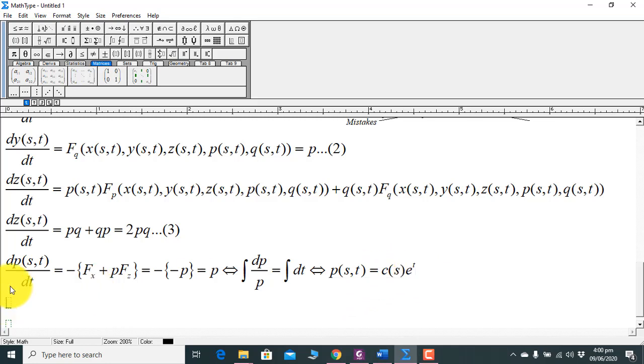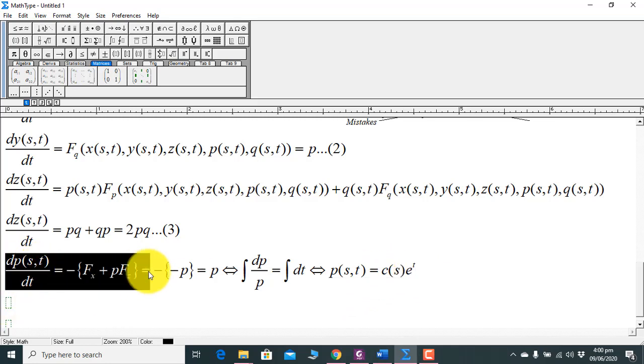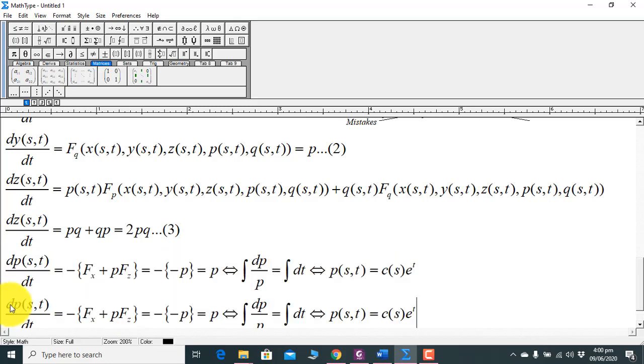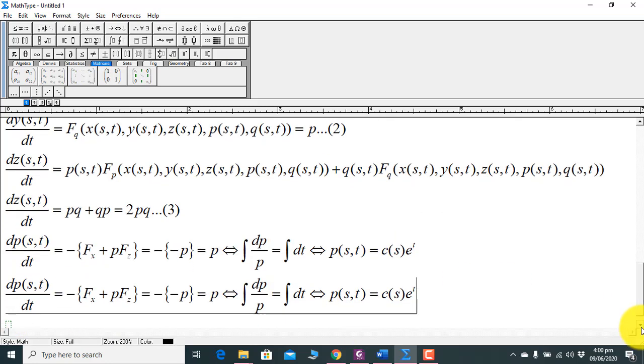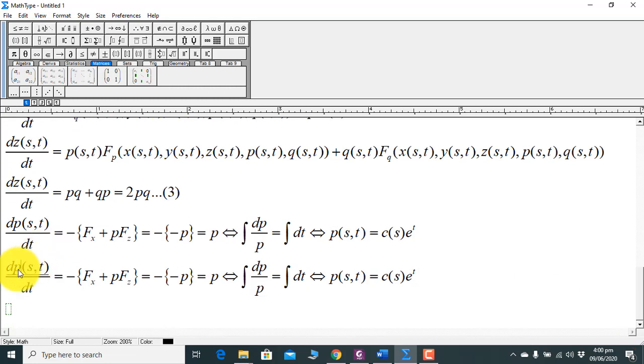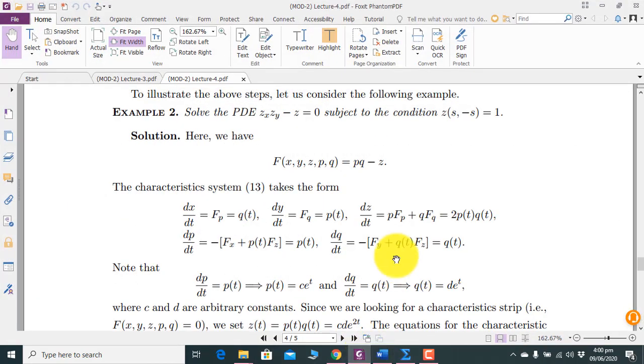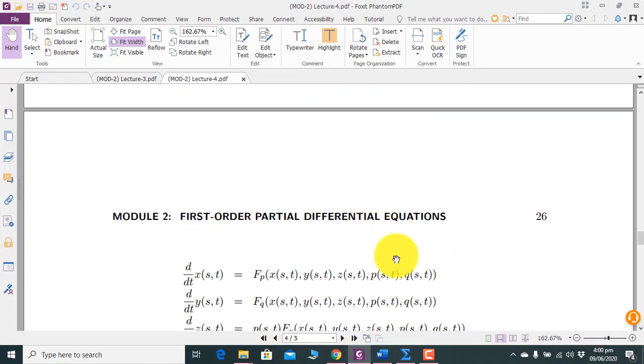Now write the value for q. Similarly, the answer will be similar. How similar? Look, I know that because I have already calculated dq by dt. What is the formula? If you go back, you can see it is minus fy plus qfz.